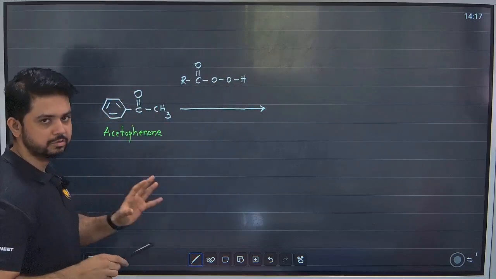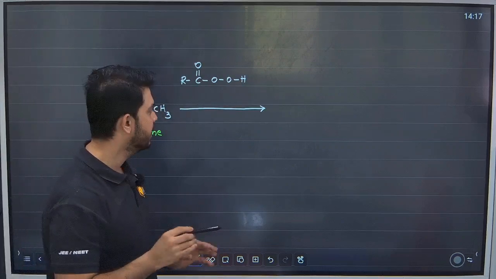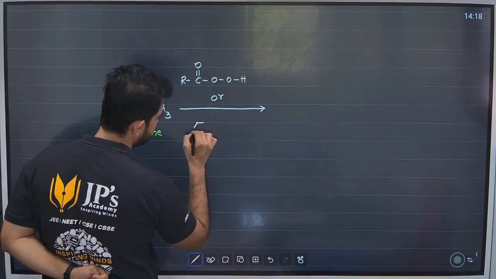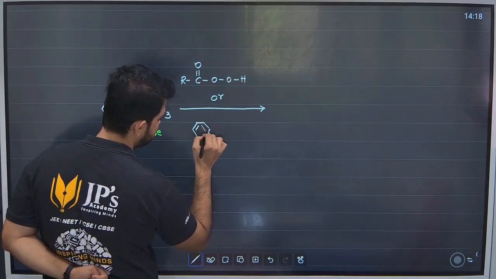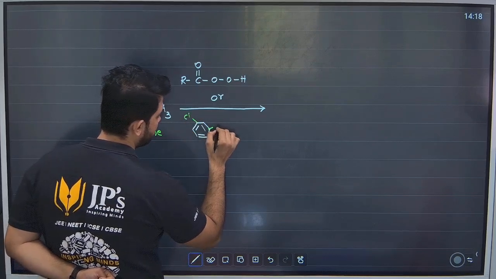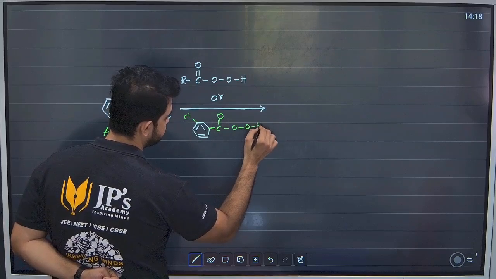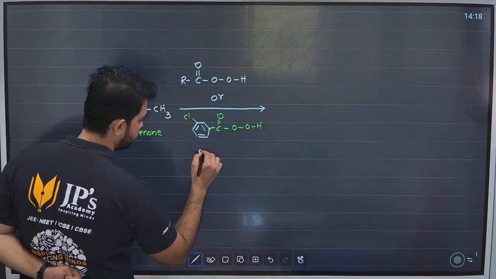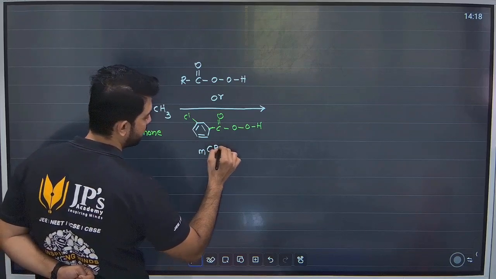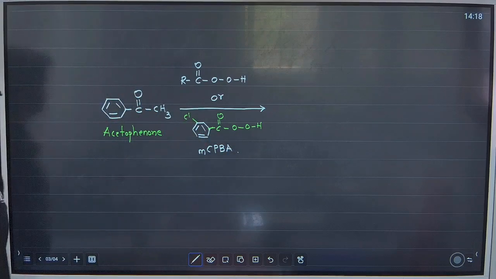Though we can use any per-carboxy acid, one of the most widely used in this reaction is called meta-chloroperoxybenzoic acid. I repeat, meta-chloroperoxybenzoic acid. We use this in this reaction.